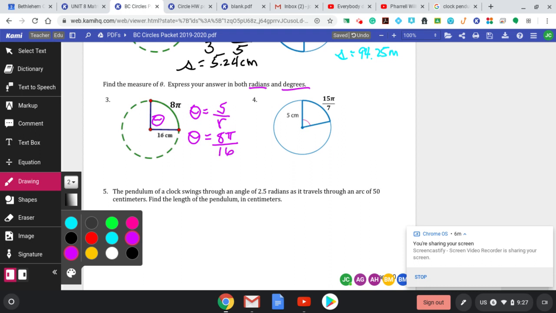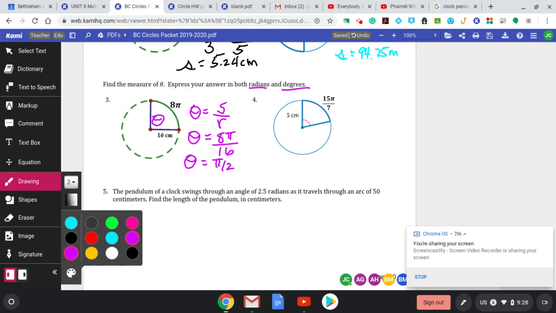So in radians, because this is the formula I would use if the angle's in radians, reduce 8 over 16, just like we did yesterday, and pi over 2. So that's the angle in radians.